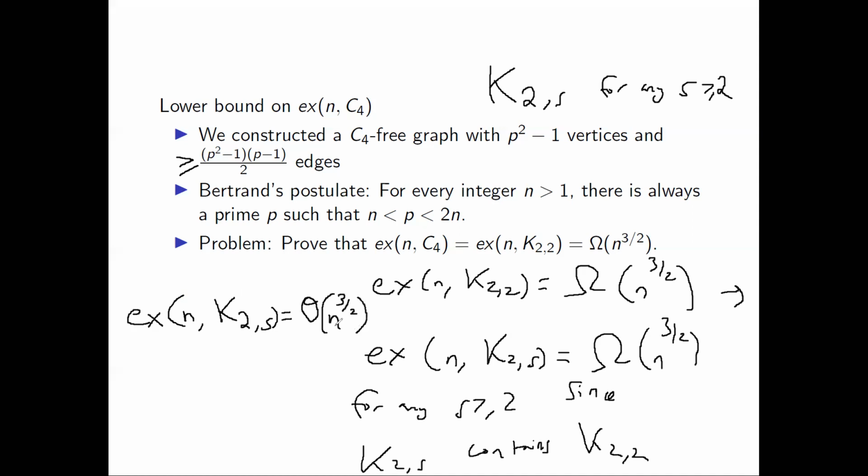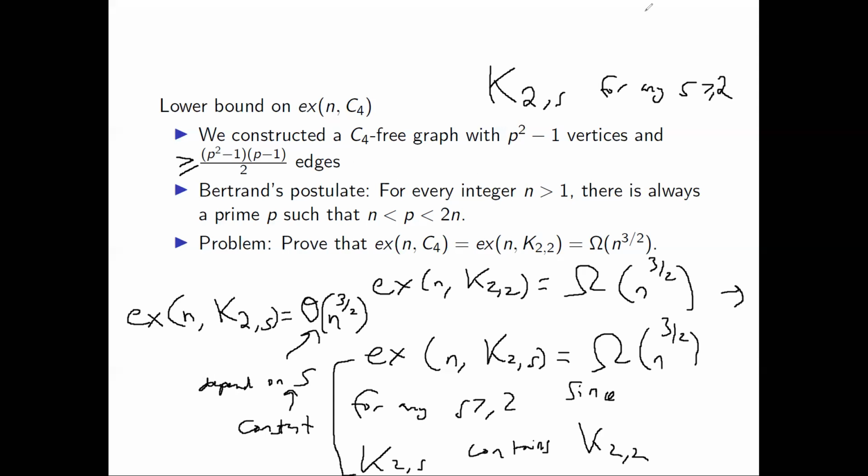So we already proved the upper bound. The upper bound was just the Kővári–Sós–Turán theorem. We proved that with Jensen's inequality. And the lower bound is just as we explained right here. So you get this n to the 3/2 lower bound. And I'll note right here that the constants in our bound depend on s, and s must be a constant for this to be true. So s has no dependence on n.